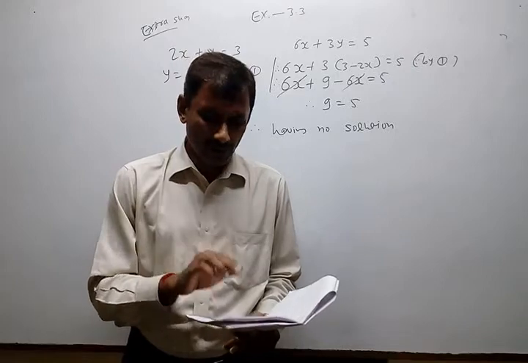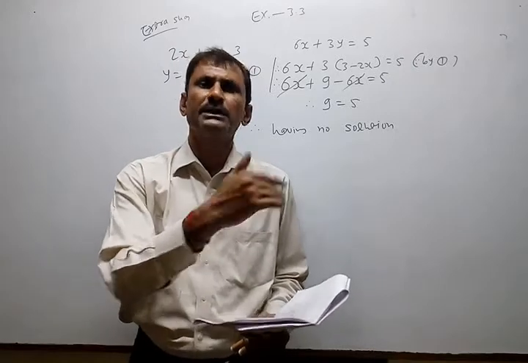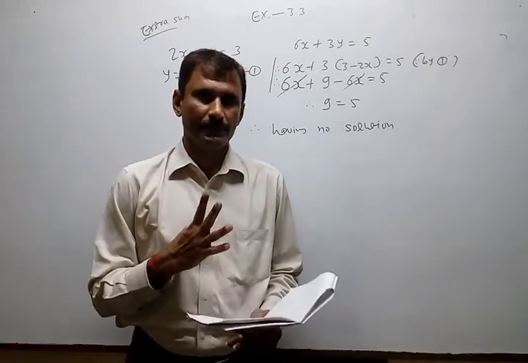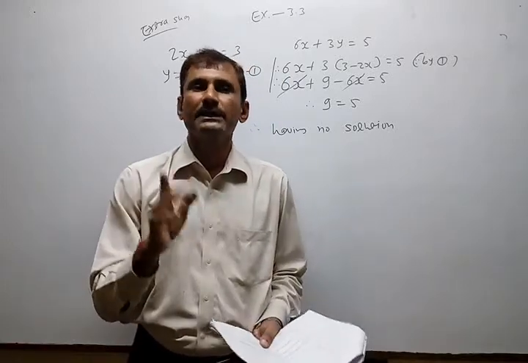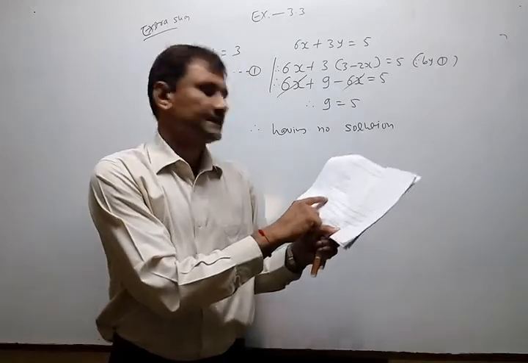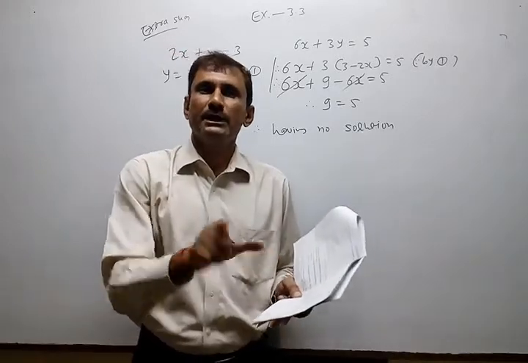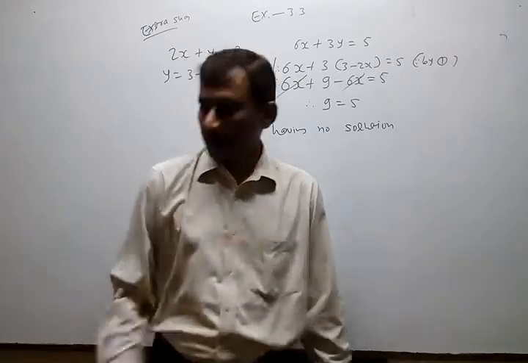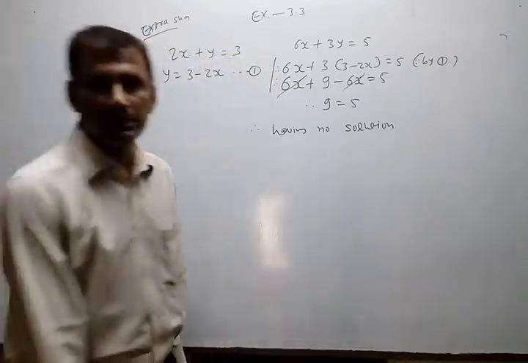Don't look at the third equation now. First of all, solve the first two equations. So obviously you will get x as well as y. After getting x and y, if you place both values in the third equation, then obviously what is missing there? m. So you will get m. So don't get confused by the third equation.